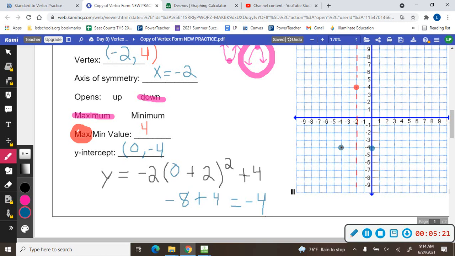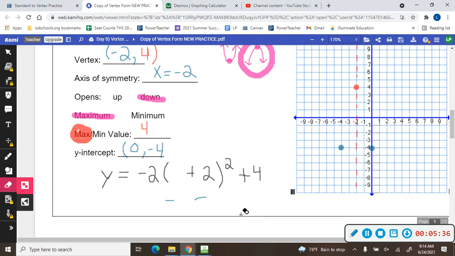Now I'm going to encourage you to plug in some other numbers too, like 1. There's nothing keeping you from plugging in negative numbers, but it's easier to plug in positive numbers if you can. So what about when it's 1? What do I get? So what if this is 1? 1 plus 2 is 3. 3 squared is 9. 9 times -2 would be -18. -18 plus 4 would be -14.